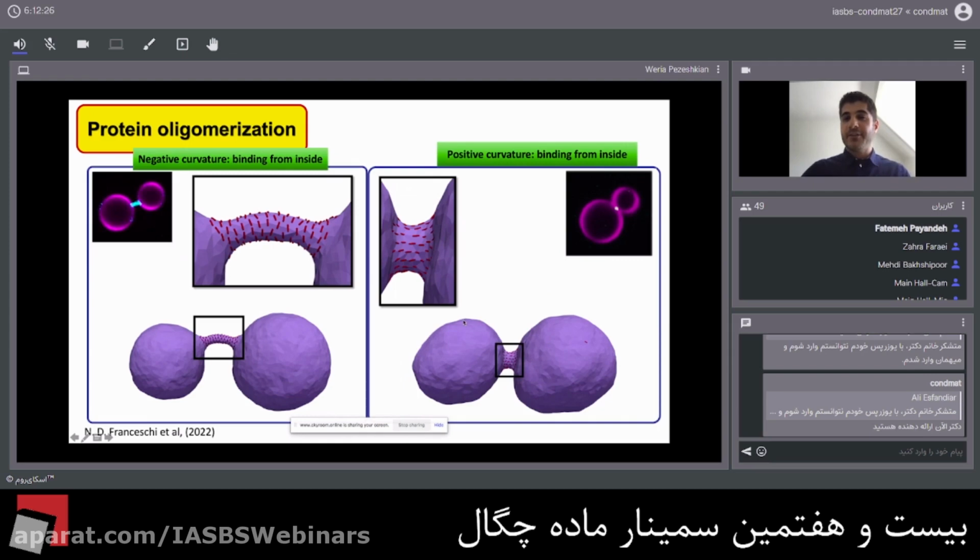Even if they are binding from outside, they still do not extend the membrane neck, while in the FtsZ case they do extend the membrane neck. In all 4 cases, they go to the membrane neck, but depending on positive or negative curvature, they either extend the neck or they just stay there.